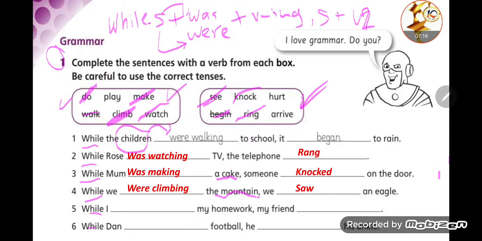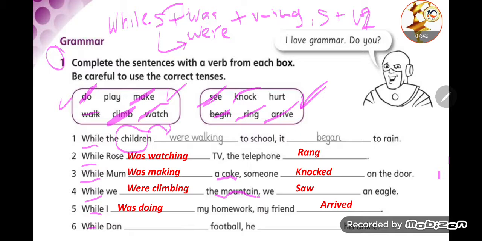While I was doing my homework, my friend. What did my friend do to me? I was explaining 7th grade present simple. كنت عم بشرح ال present simple فعندي اختلطت المعلومات. Okay, so what did my friend do to me? My friend arrived. Here the answer is was doing, my friend arrived.